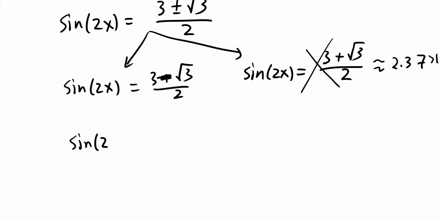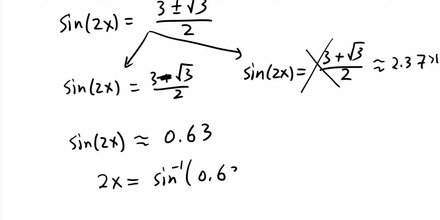So let's focus on this one. Put this in the calculator. Let's see what we get. 3 minus square root of 3 over 2. That gives about 0.63. Then 2x would equal sine inverse of 0.63, which is about 39.05 degrees.